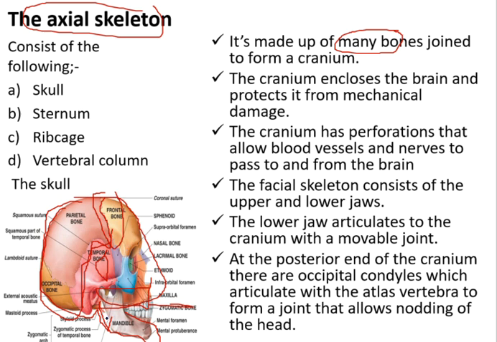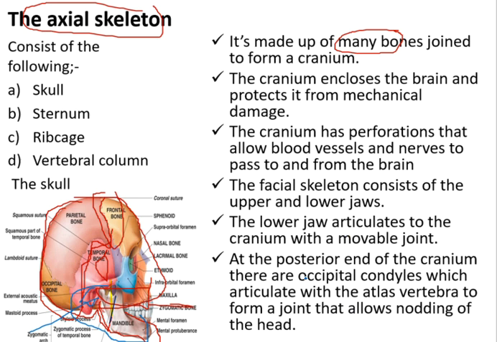We have this lower jaw here, the mandible, and the point of articulation is here with the cranium. This enables chewing of food, because a joint is formed which is movable, and that allows chewing of food.